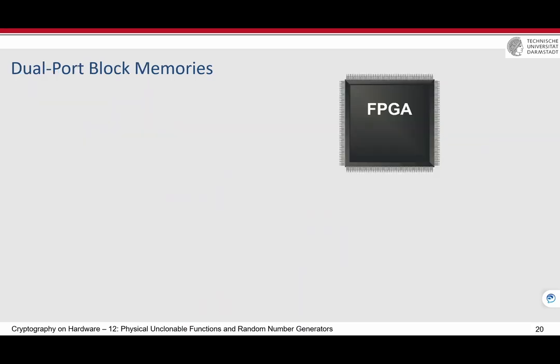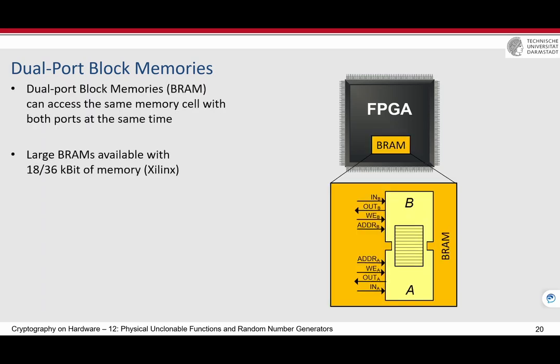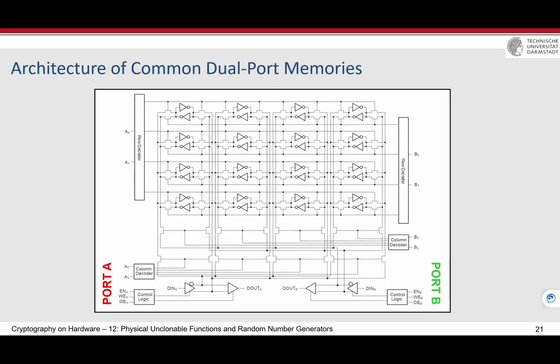Another thing is dual port RAM, which you have already learned. You know how the dual port RAM works, and I don't need to explain the available modules in Xilinx. The thing is, there is a cell for every bit inside the memory. It's SRAM-based, the cells are like a flip-flop, meaning cross-coupled inverters.